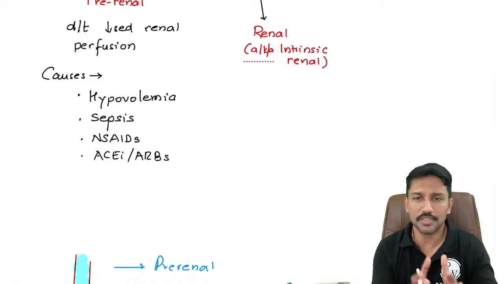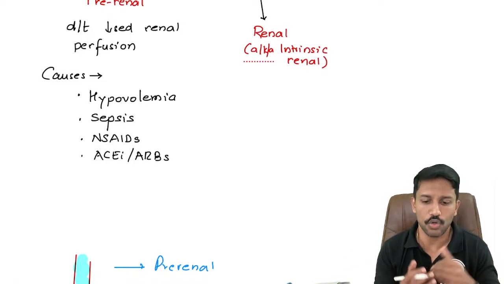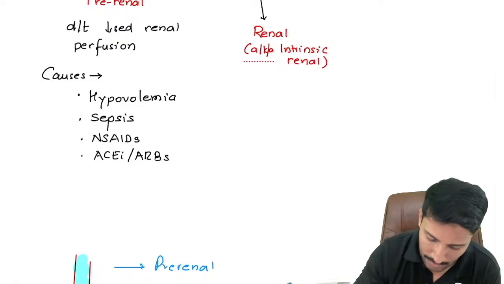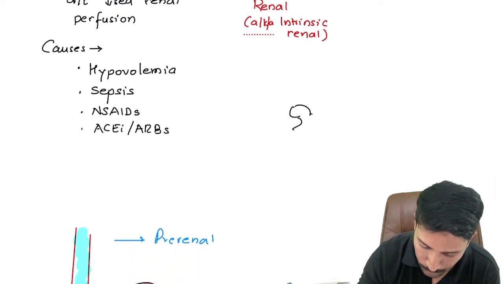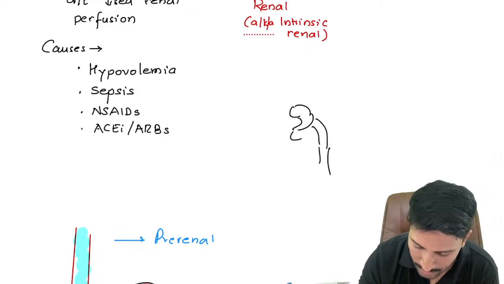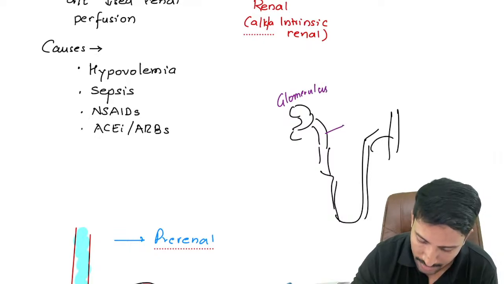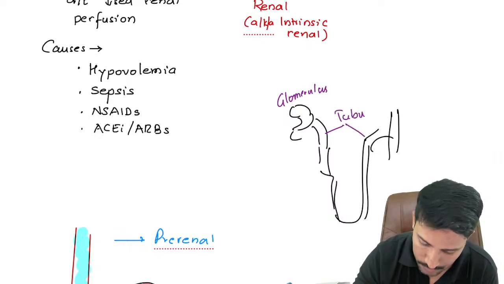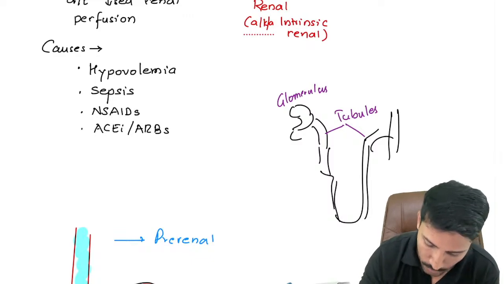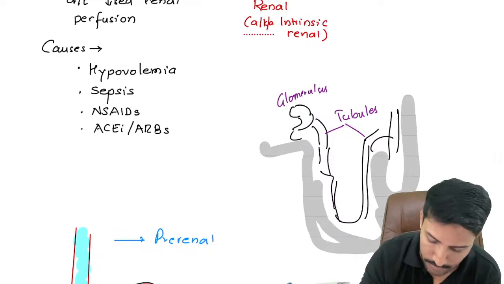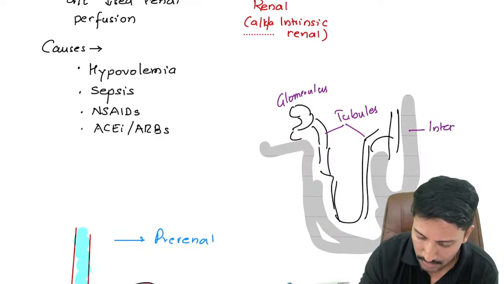Renal: multiple structures in the nephron can be injured to cause renal type of acute kidney injury, right? Because in the kidney we have a nephron, and the nephron has parts. What are the simple parts? The nephron has a glomerulus, then the nephron has tubules, and surrounding these tubules we have the connective tissue, which we will call the interstitium.